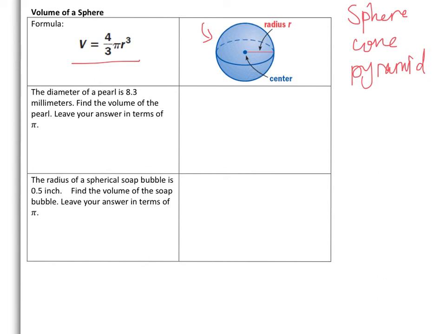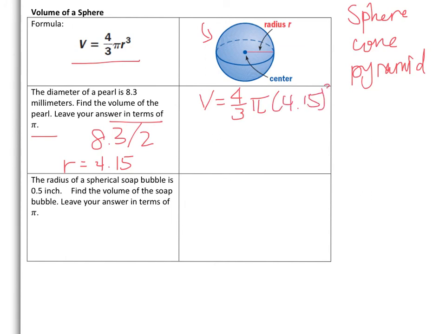of a sphere now. The diameter of a pearl is 8.3 millimeters. Find the volume of the pearl. Leave your answers in terms of pi. Okay, so if the diameter is 8.3, half of 8.3 will give me the radius. So the radius is 4.15. Okay, so we take the volume of the sphere, so 4/3 pi 4.15 cubed.